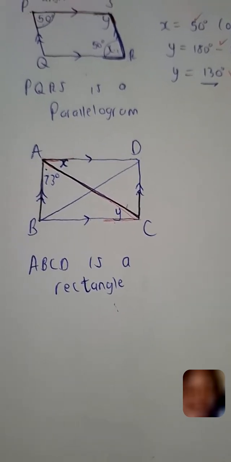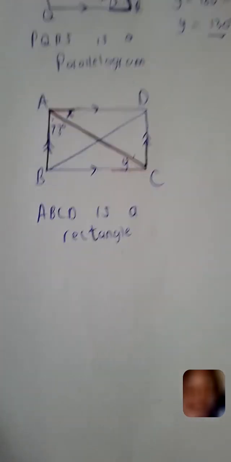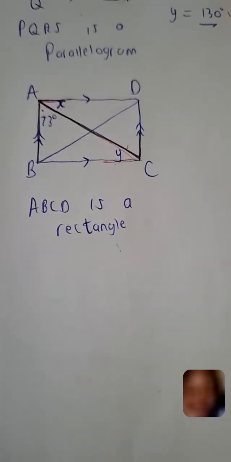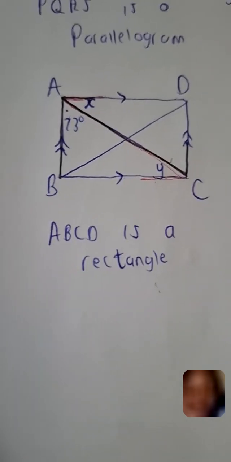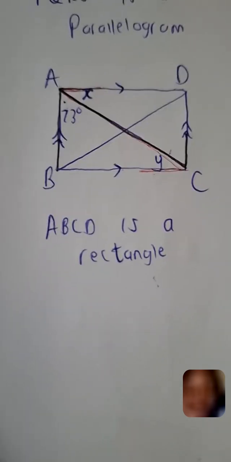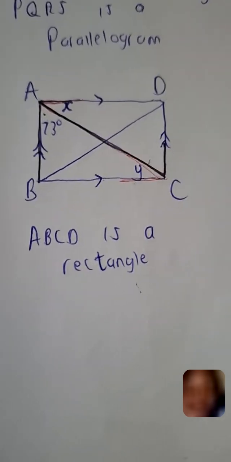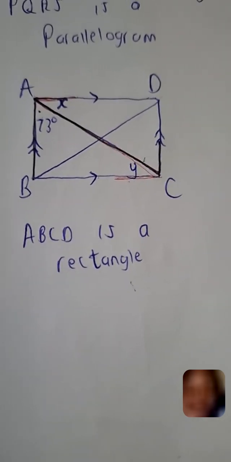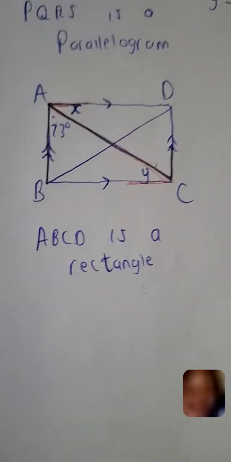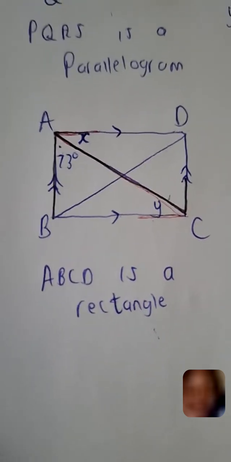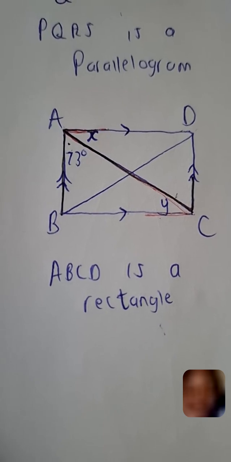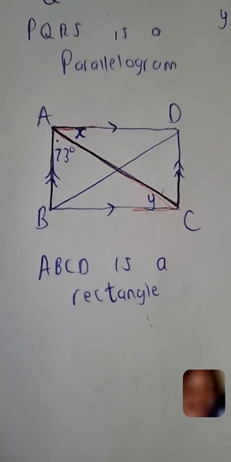Isn't there a property that speaks to the corner angles of a rectangle? Each angle in a rectangle? I don't have it here. You don't have it here? No.